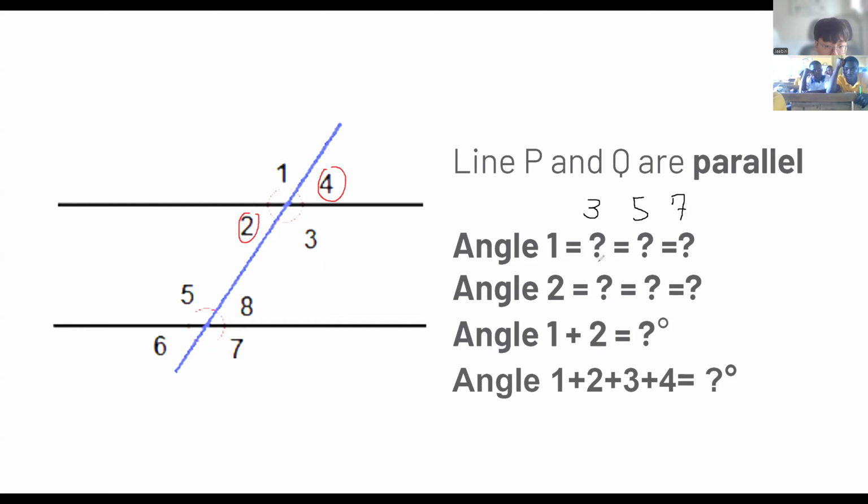Yeah, 4, 6, and 8. All of these angles are the same, because 2 is opposite of 4. 8 is an alternate angle of 2. 6 is a corresponding angle from 2.